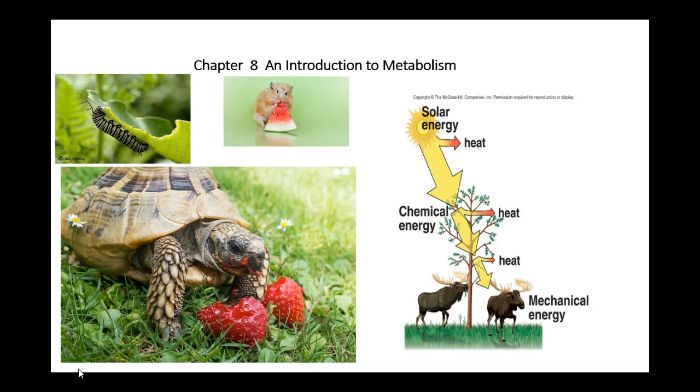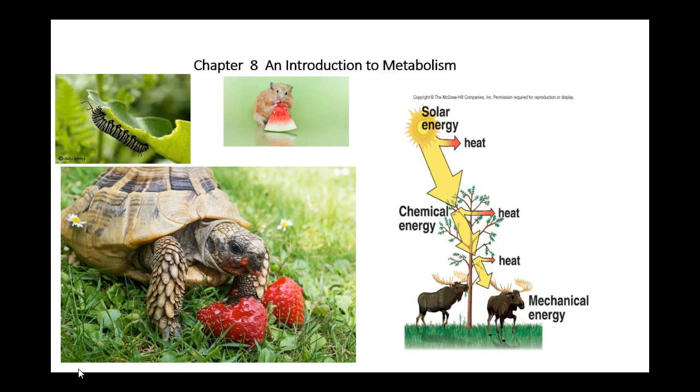So that total chemical reaction idea means that you have actually energy coming in from outside in some way, whether that be solar energy in the case of plants, and then in terms of this moose, it is going to eat the plant and get the energy that was stored in the plant.